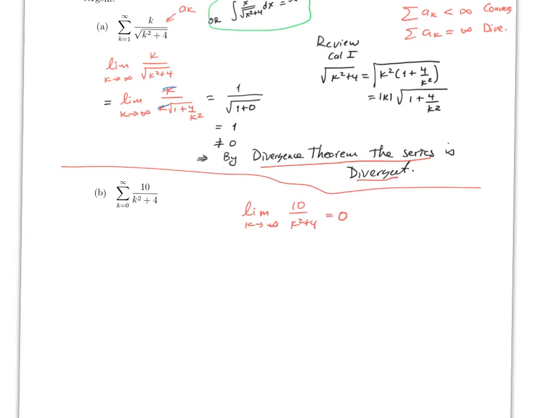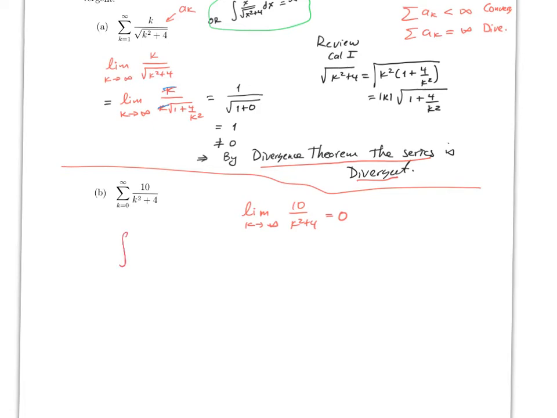But the opposite is not true. If the limit is 0, it doesn't mean that it's convergent. It pretty much just means that now you actually have to find another test to decide whether it's convergent or divergent. In this particular case, the method we've seen so far, the best one is the integral test.